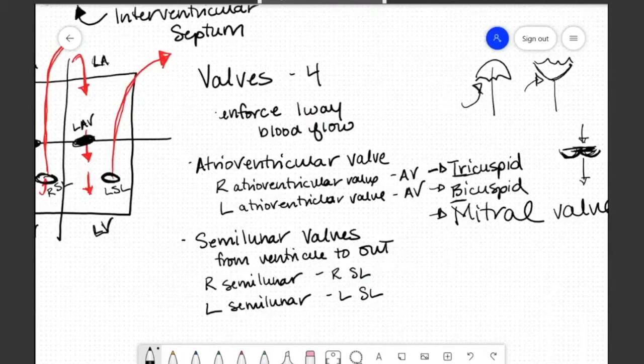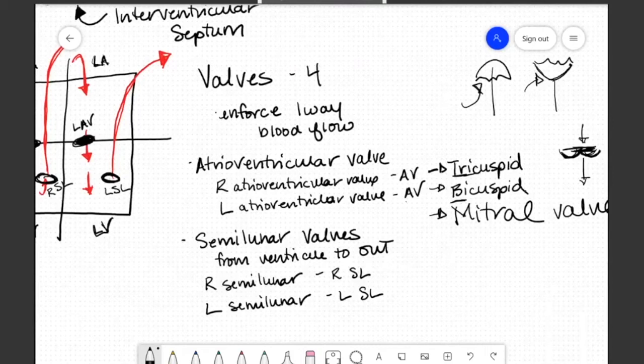He is the left AV valve. He is the bicuspid valve because he has 2 flaps, but he is also called the mitral valve. The reason he has another name is this mitral valve is really important because the left side of the heart can have a lot of clinical medical conditions, and a lot of times this left AV valve is a part of that. So he has his own specific name.